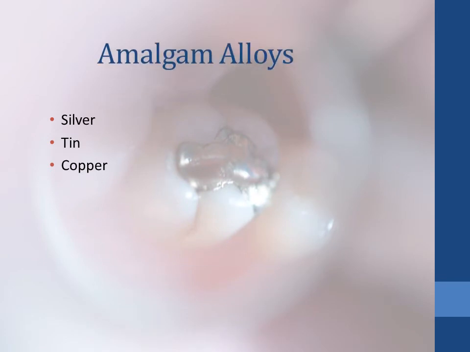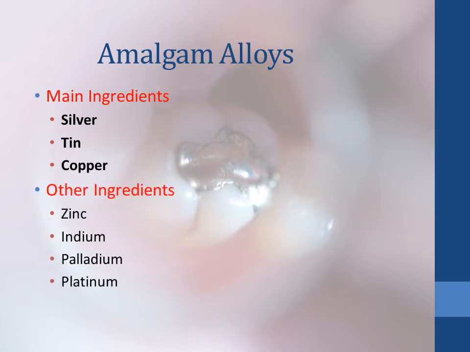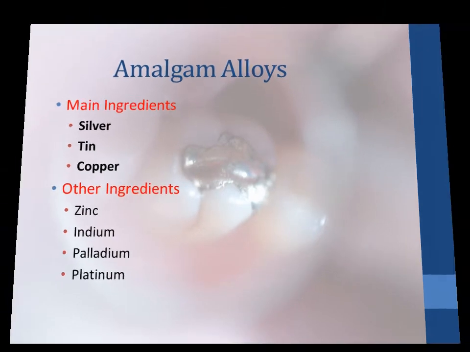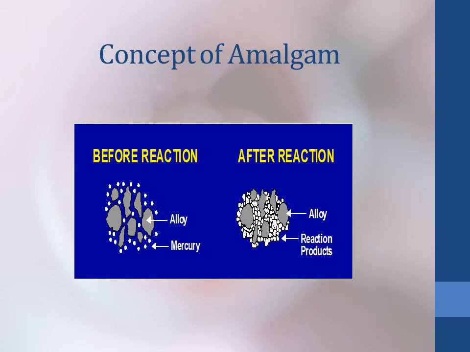So the amalgam alloy is composed of basically silver, tin and copper, and then there are other ingredients like zinc, indium, palladium and platinum in trace amounts. So if you want to understand the concept of amalgam, this diagram is a very clear representation.